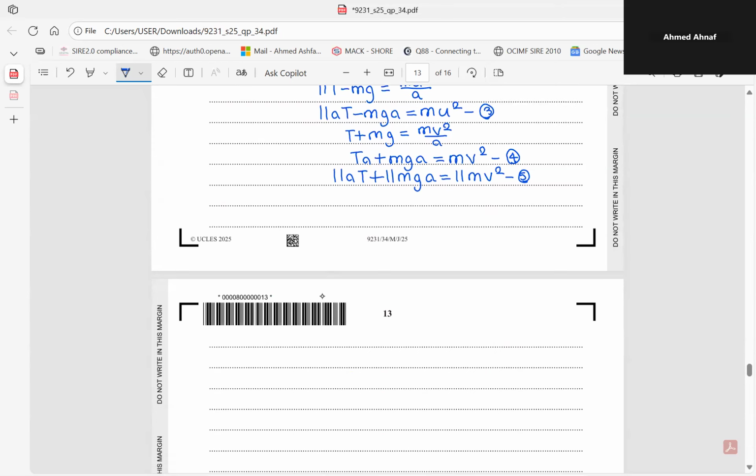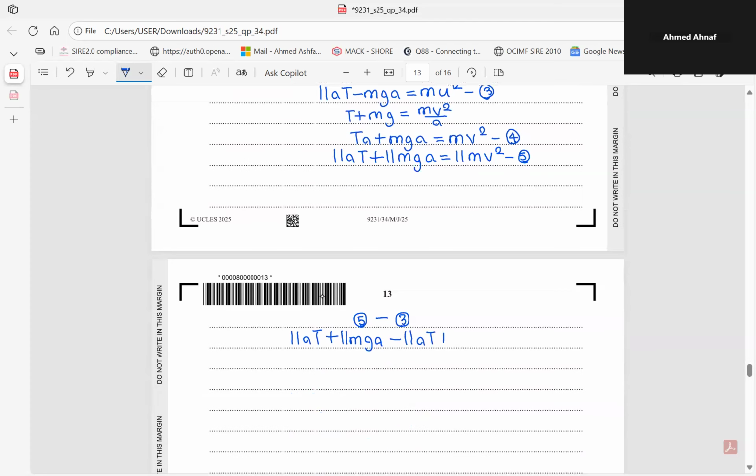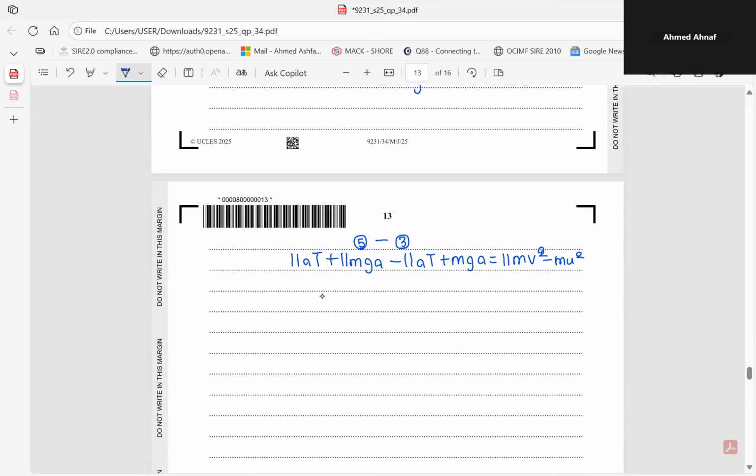Now we are going to subtract the third equation from the fifth equation. So we'll have 11at plus 11mga minus 11at plus mga equals 11mv squared minus mu squared.